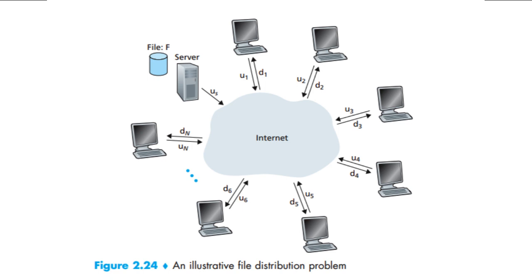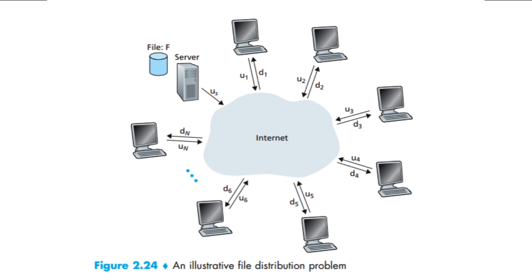Thus, the minimum distribution time is also at least NF/(u_s + u_1 + ... + u_N). Putting these three observations together, we obtain the minimum distribution time for P2P, denoted D_P2P: D_P2P >= max{F/u_s, F/d_min, NF/(u_s + sum of u_i for i = 1 to N)}.